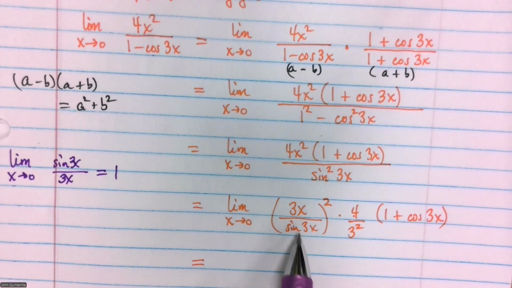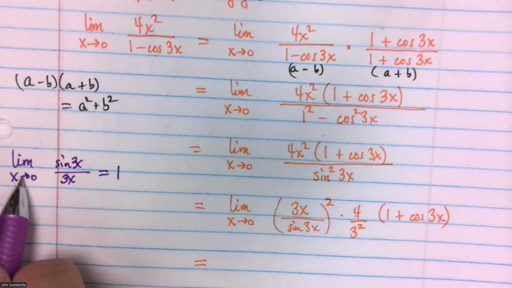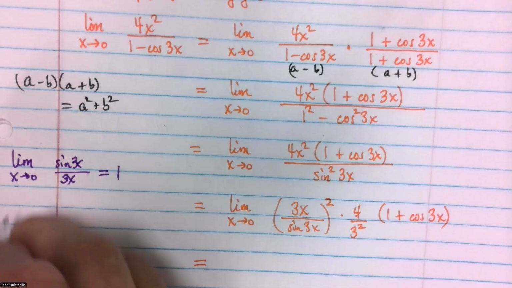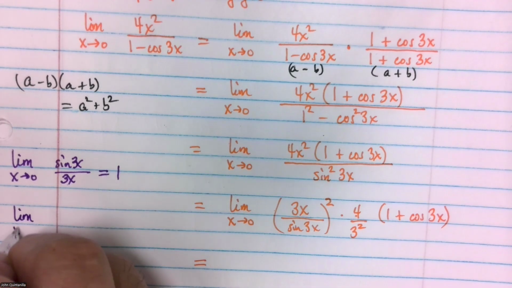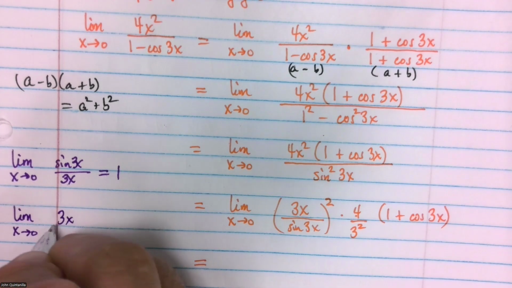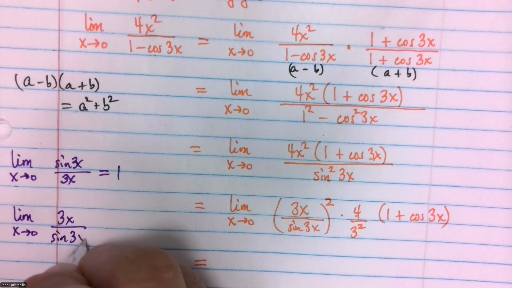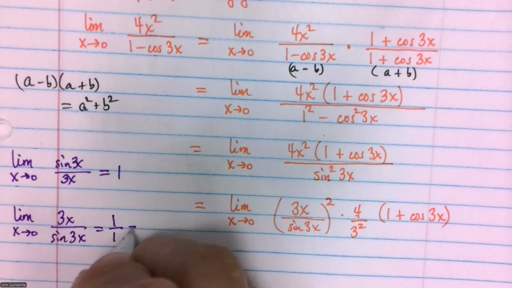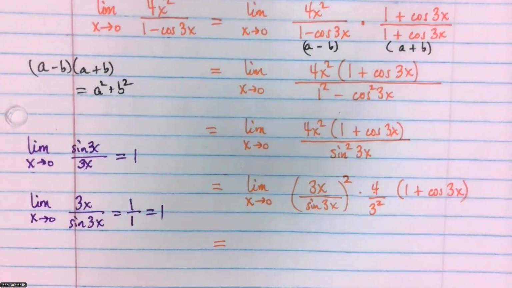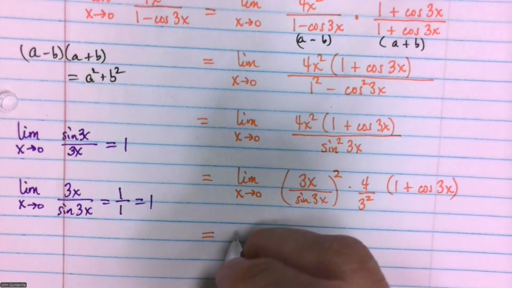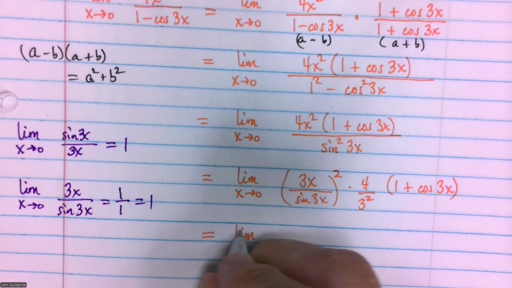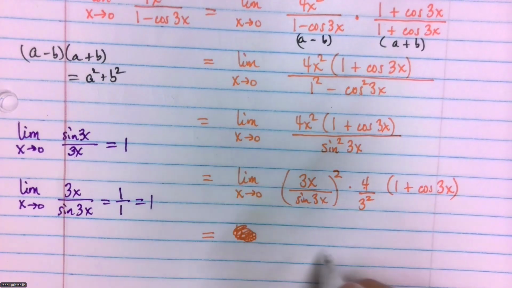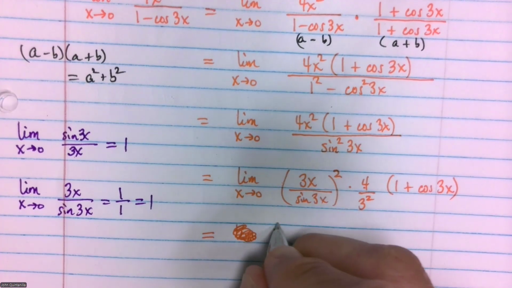Okay, so if the limit as x goes to 0 of sine 3x over 3x equals 1, then if I take the reciprocal, the limit as x goes to 0 of 3x over sine 3x is equal to the reciprocal of 1, which is also equal to 1. And now I'm taking the limit, so I don't need that anymore. This goes to 1 squared.